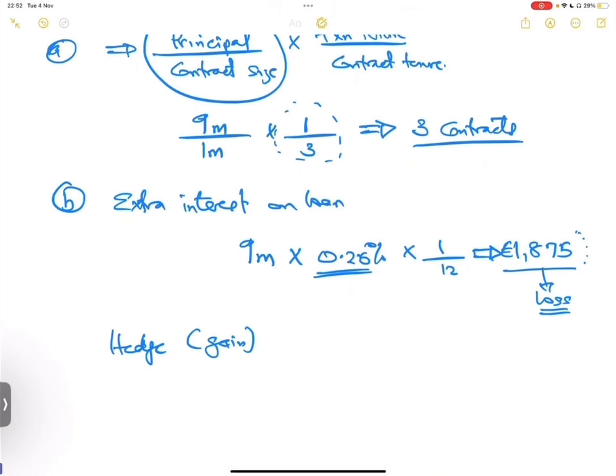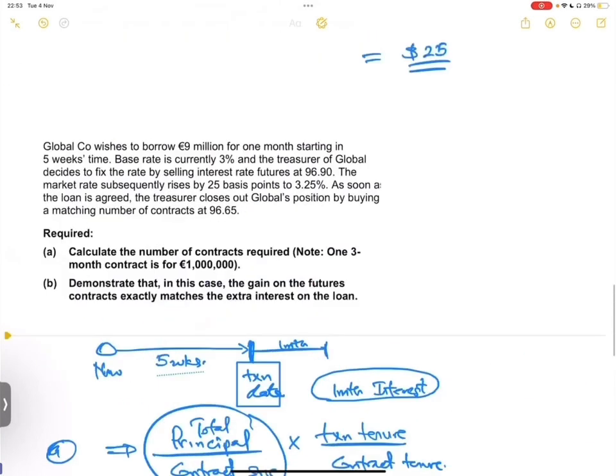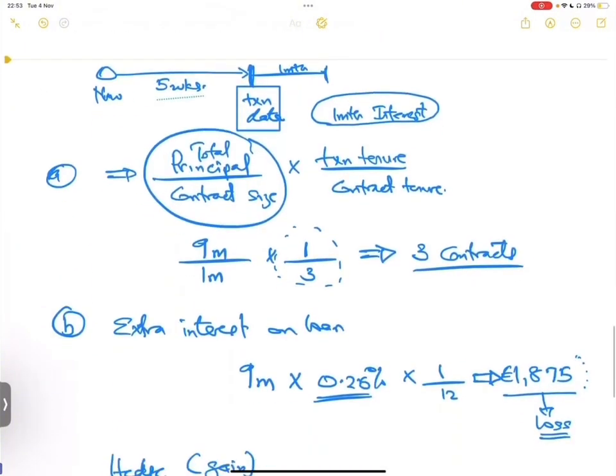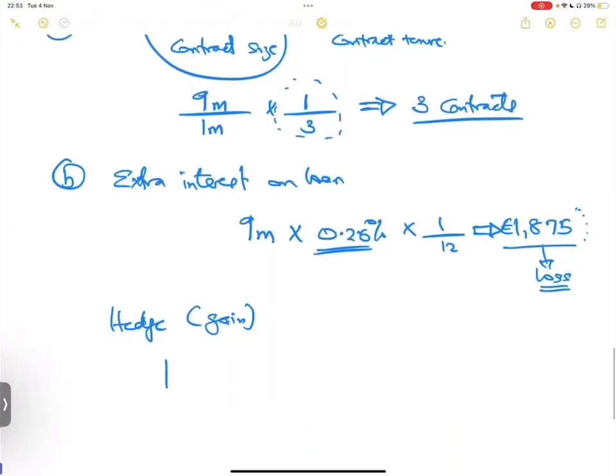So for each contract, what we know is that each contract will give us a value of tick. Each contract, let me break it down.